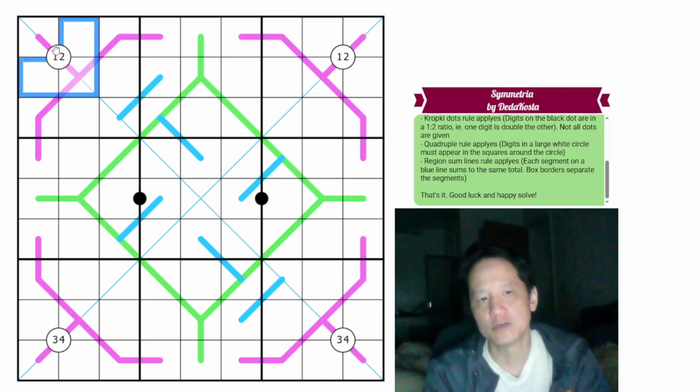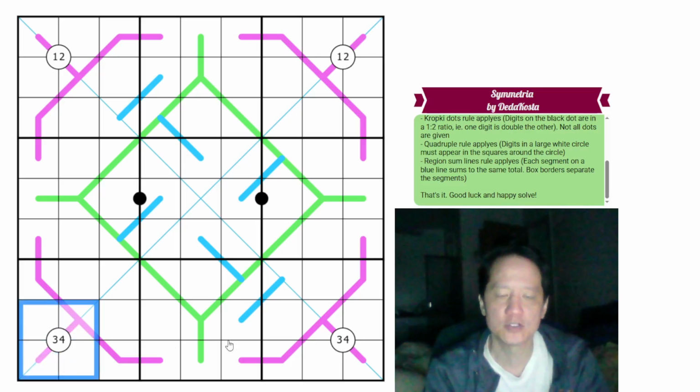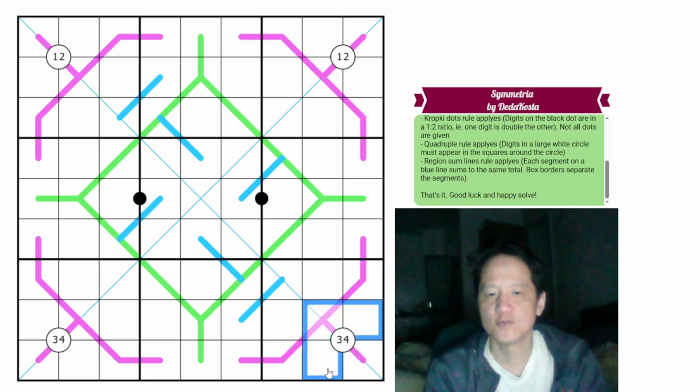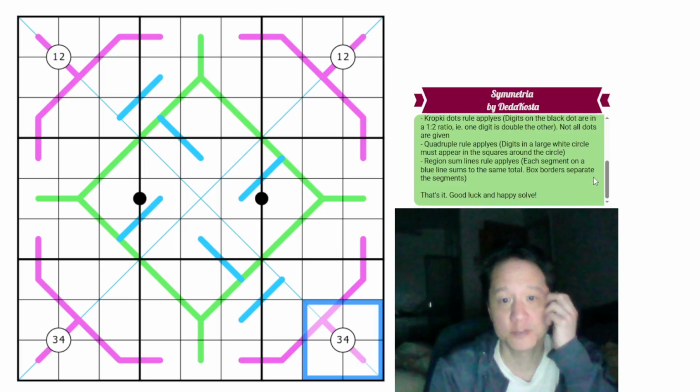Similarly, there's a 1 or 2 in these 4 surrounding cells around this circle. There has to be a 3 or 4 around these 4 surrounding cells around that circle. And there must be a 3 or 4 around these 4 surrounding cells around this quadruple circle. And that's how the quadruple rule works.